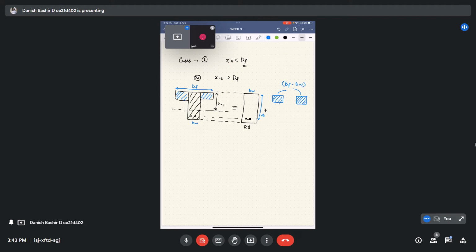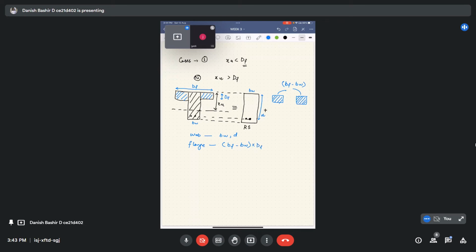So we have two things. We have a web section of BW cross D depth, and we have a plane section of now total width BF minus BW cross DF, the depth of the plane.